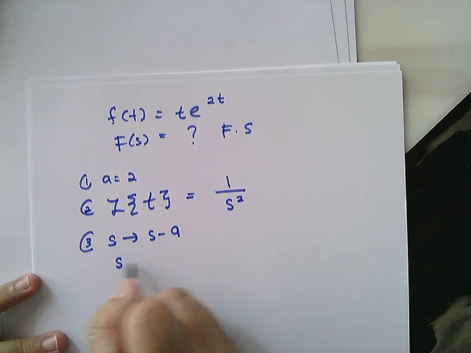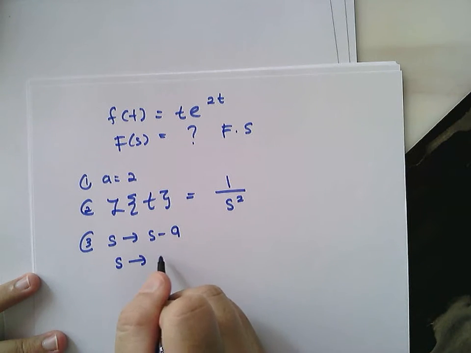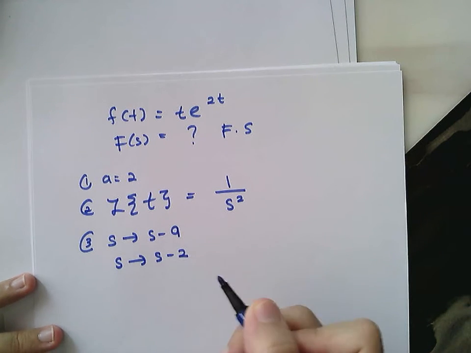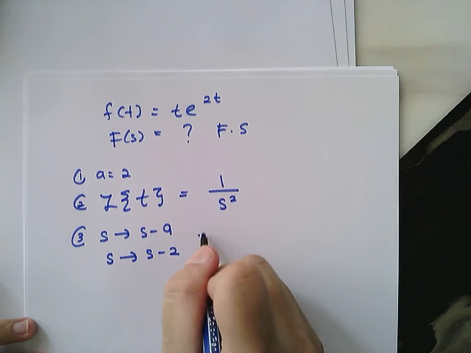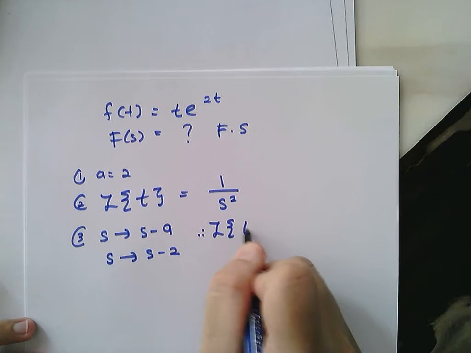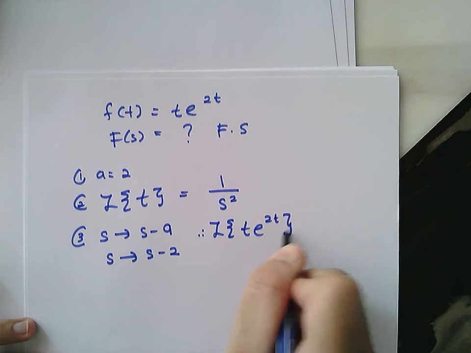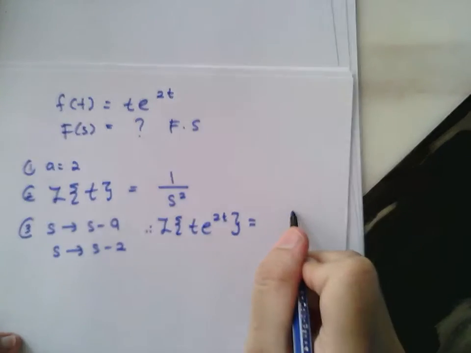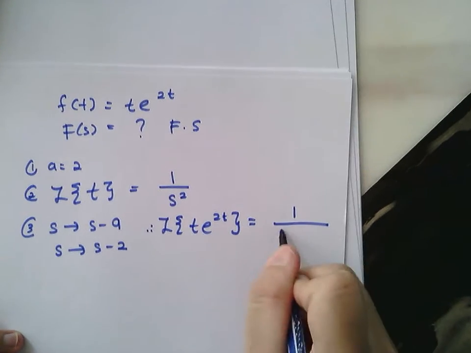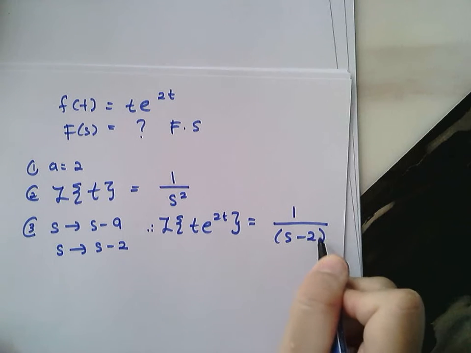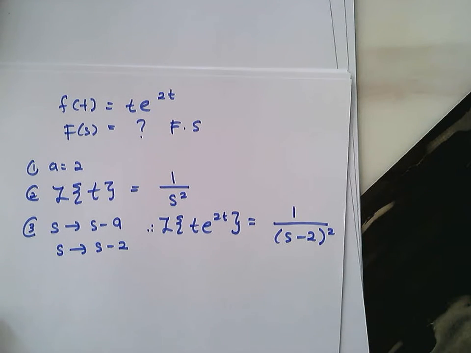So you change s to s minus 2. Therefore, Laplace of t e^(2t) is equal to 1 over (s minus 2) the whole thing squared. So this is the first shift property of Laplace transform.